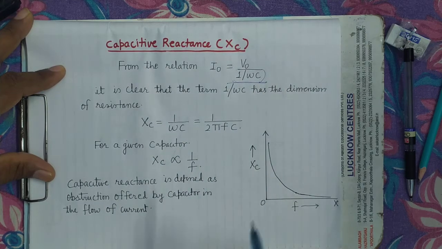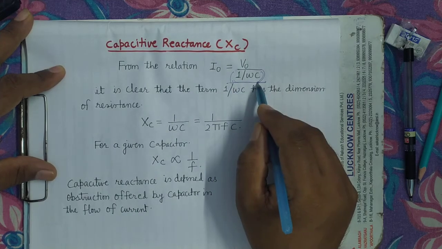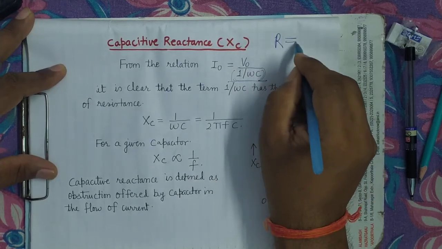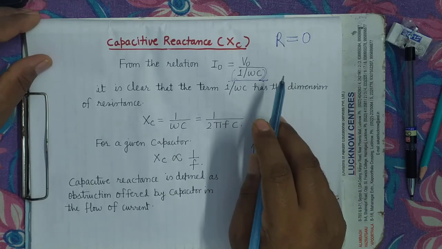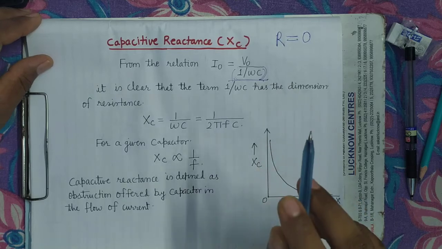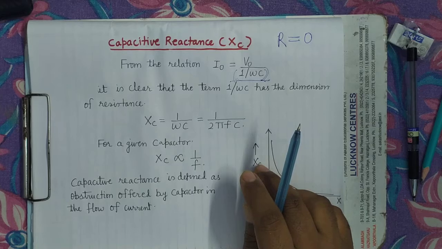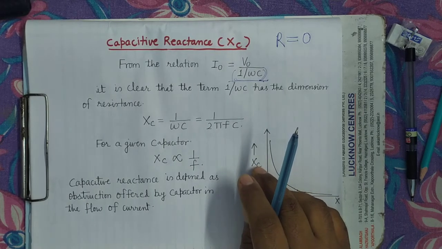It has been named as capacitive reactance. Why reactance? Because it is similar to the resistance, but since the circuit is resistance-less, there is no resistance in the circuit, therefore we have named it as capacitive reactance. It is a type of obstruction offered by the capacitor in the flow of current. It's clear?